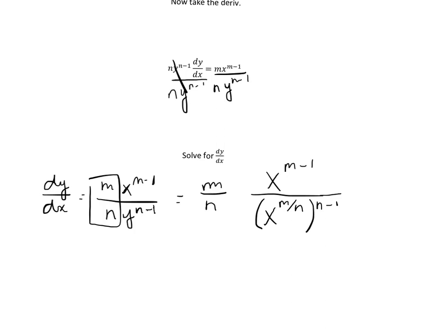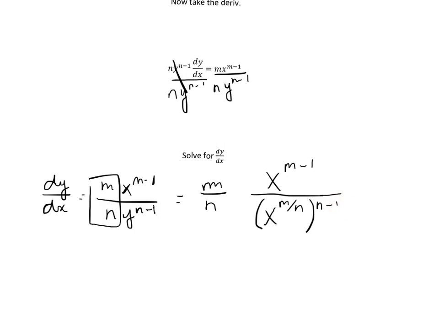So what I'm going to do here is just use a bunch of power rules. If I have a power raised to a power, which I have here in the denominator, I need to multiply them. But when I multiply, I'm going to distribute this m over n to both terms of the n minus 1. So the first term, m over n times n, is just going to be m. And m over n times 1 is just going to be m over n.